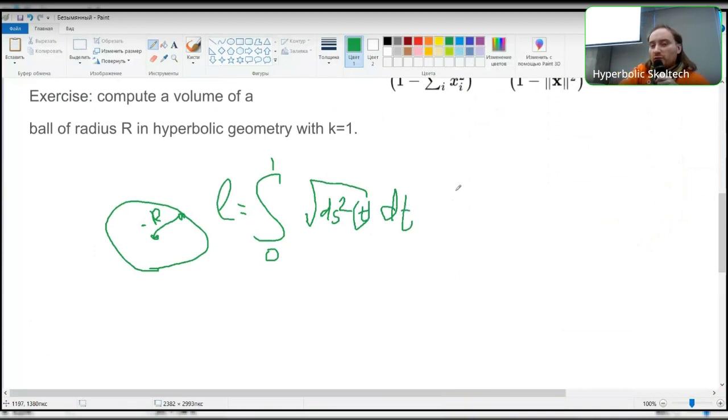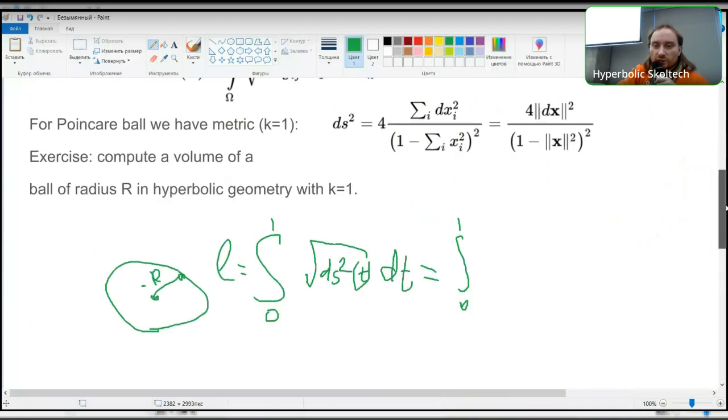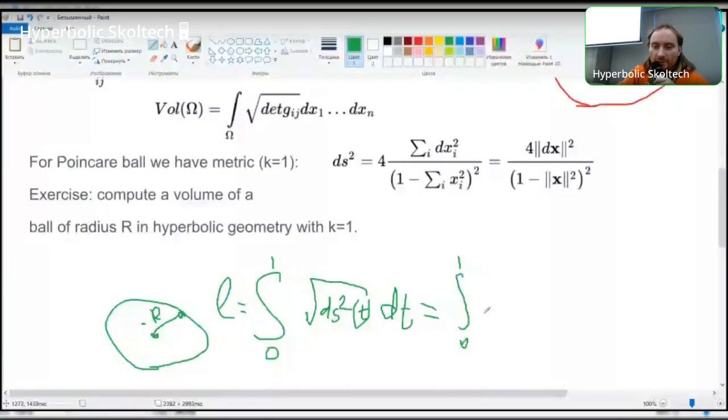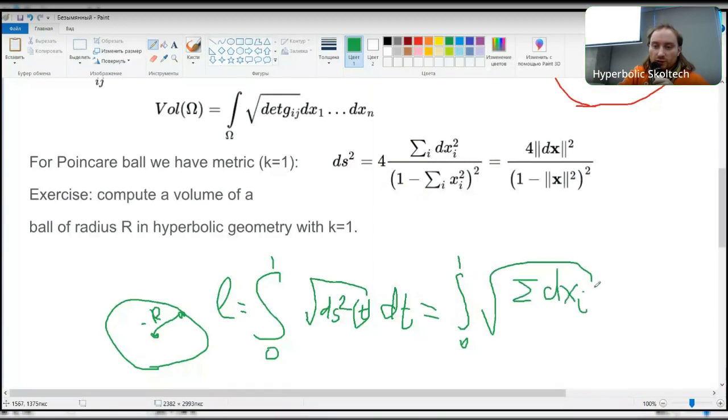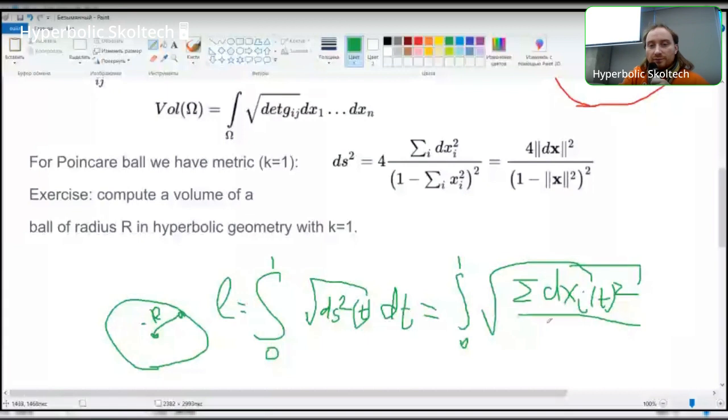So this was a formula from the third lecture, a standard differential geometric formula. So let's do this. We have a metric like this, the sum of dx_i(t) squared, and actually there is a mistake.